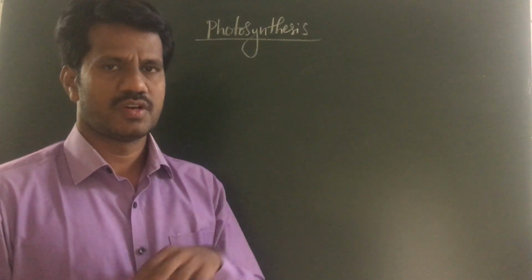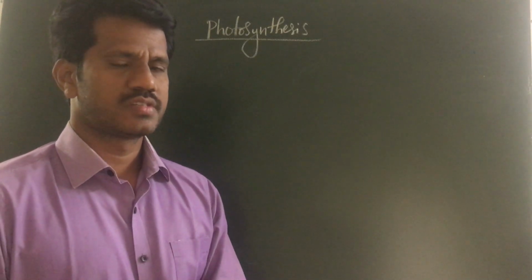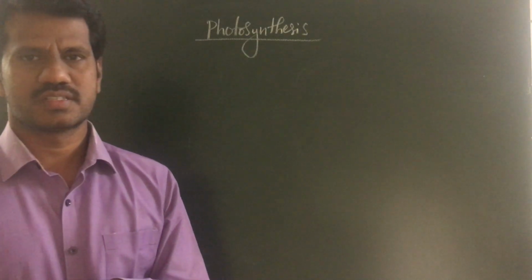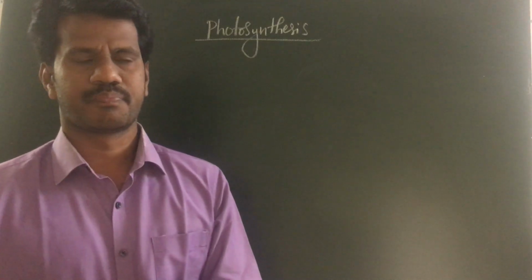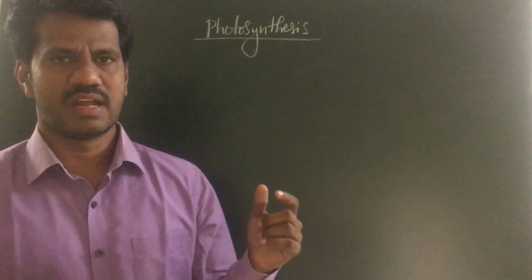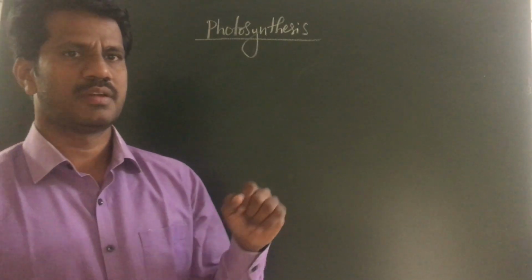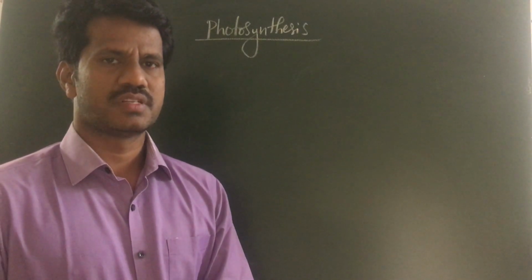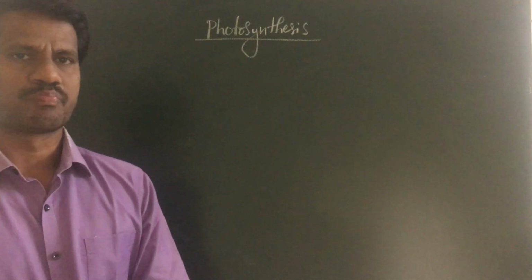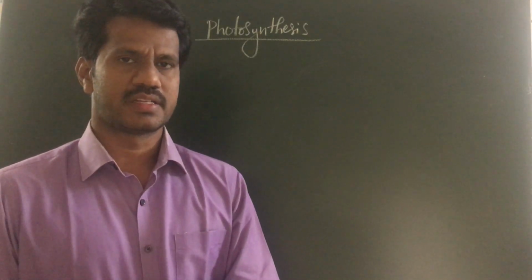In this plant physiology, we are going to study about photosynthesis, respiration, followed by plant growth and development. In plant growth and development, as per the related syllabus, we have to discuss the plant growth regulators.